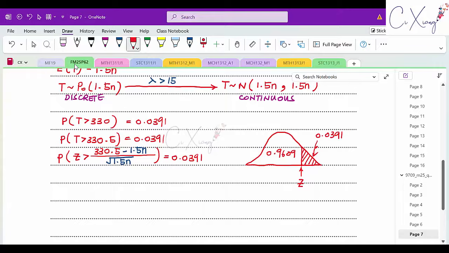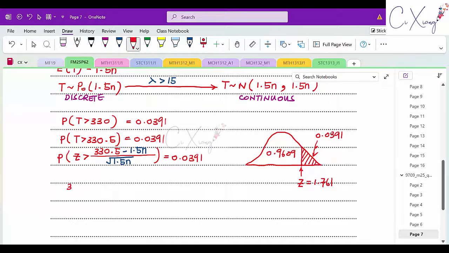Then continue further. I know that the z here will be equal to 1.761. That means when z is smaller than 1.761, the area is 0.9609. If z is greater than 1.761, it is equal to this probability.